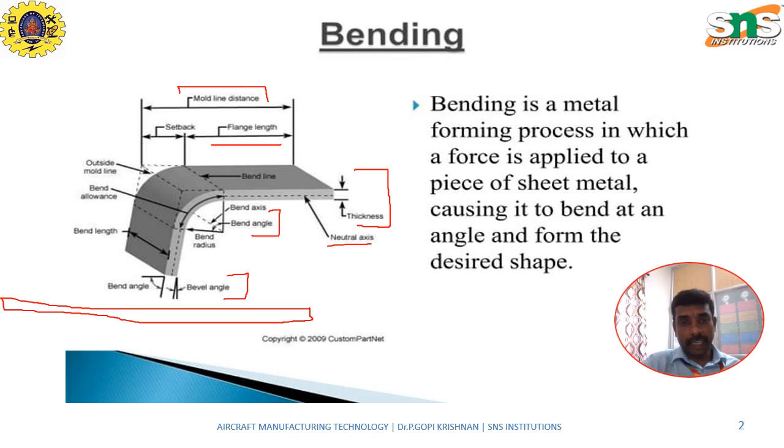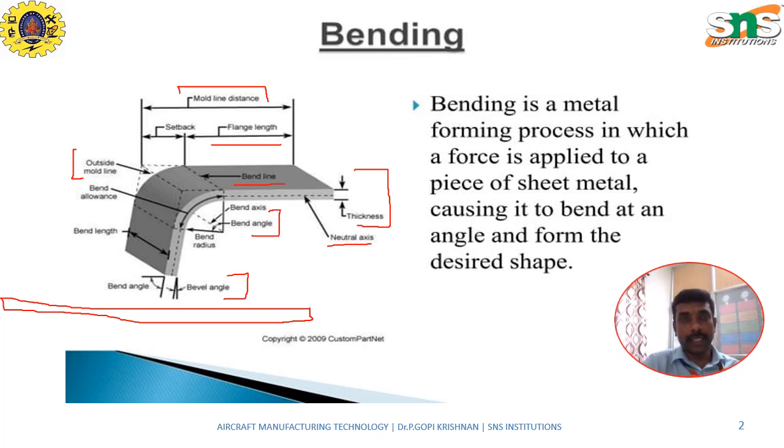The line where the bending starts is called the bend line, and the imaginary line drawn between the two planes, the horizontal plane and the vertical plane, is called the mold line, and the allowance set for the bent sheet metal is called the bend allowance. This is measured here, and due to the elastic nature of the component, the total length of the entire workpiece is not equal to the total length of the material after bending.